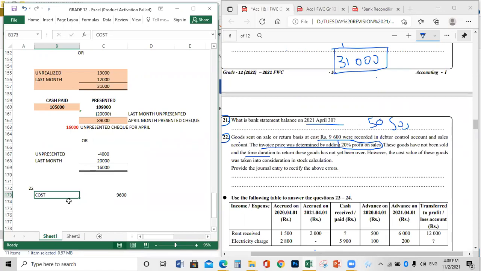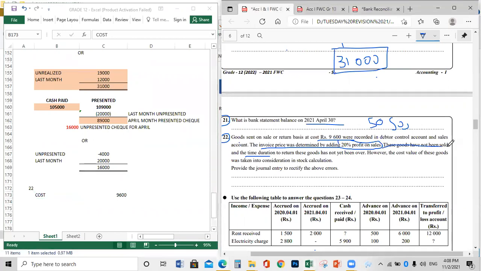These goods have not been sold, and the time duration for the return of these goods has not yet been over. Read this line one more time and tell me, is it correct to record as a sale or no? Read it and tell me.